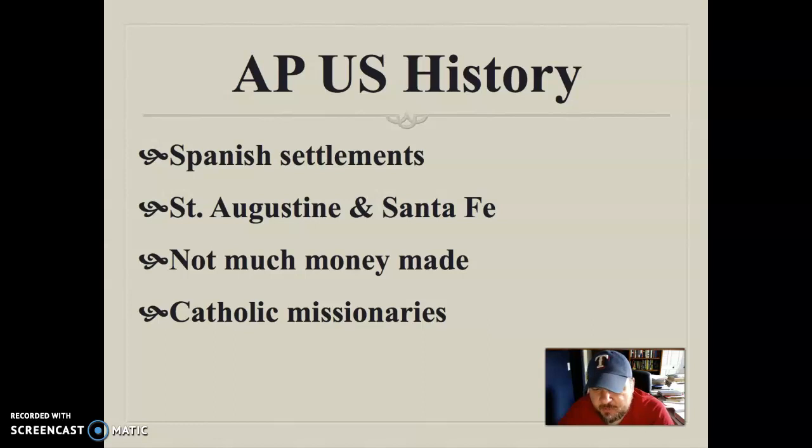The Spanish settlements were not very profitable. There was a lot of thought by the Spanish leadership to abandon their posts in North America and concentrate just on what they were doing in South America and the Caribbean. If it wasn't for Catholic missionaries who assured the leadership in Spain that they were going to convert all these Native Americans to Catholicism, they probably would have abandoned their posts in North America.